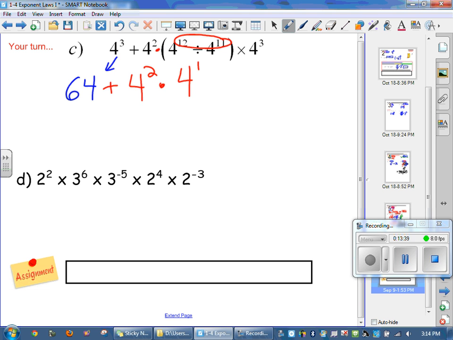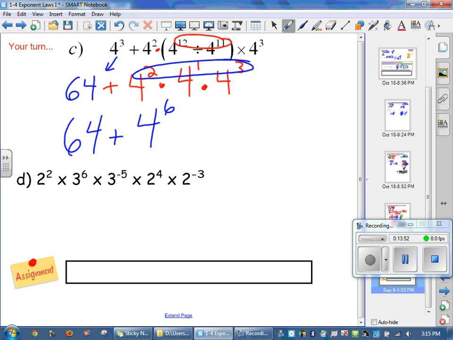Now I can add my exponents here, and I'm going to get 4 exponent 6. So I have 64 plus 4 exponent 6. This is going to give me 64 plus 4,096, which is going to give me 4,160.